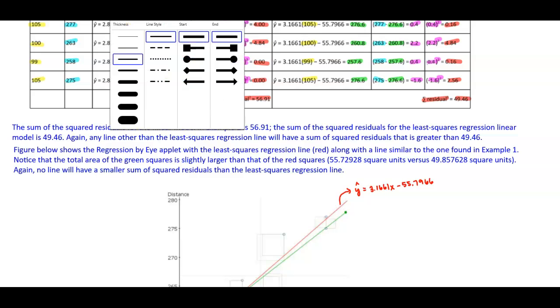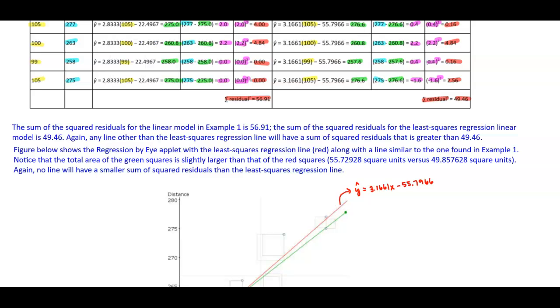Okay, and then example 1 represented the line that we had as y hat, which is equal to 2.8333x minus 22.4967.